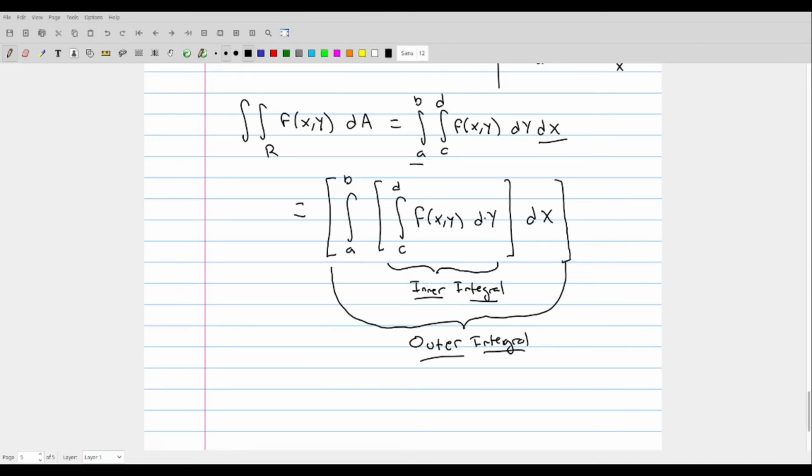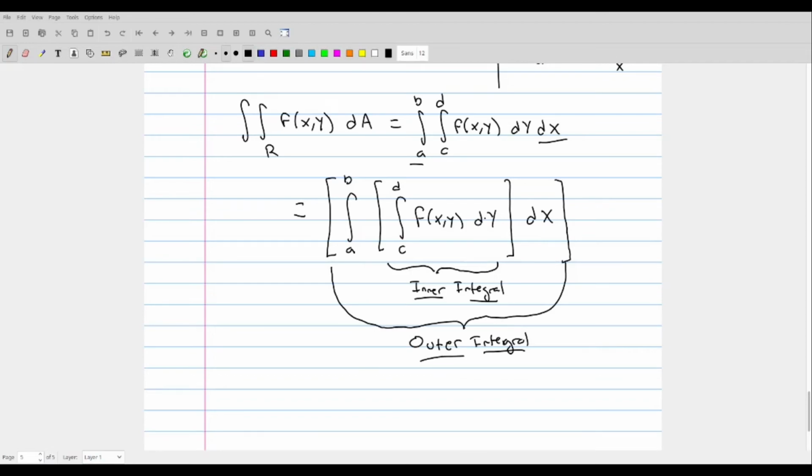So the idea is that when you're determining the bounds, you want to start from the outside and move in. And then when you evaluate the integral, you want to do the innermost integral first and move out. That's kind of like a reverse procedure. Determining the bounds, you start with the outer integral and move in, and then when you evaluate the integral, you have to do the inner integral first and then move out.